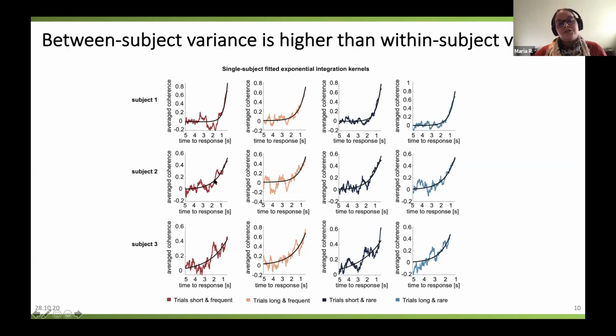And then I guess subject 2 is somewhere in the middle. This means that we can get a robust signal of the integration kernel for each subject, and we are obviously continuing analyzing this now, because we think that we might also find such a signal in the brain that might be consistent within a subject but vary across subjects.